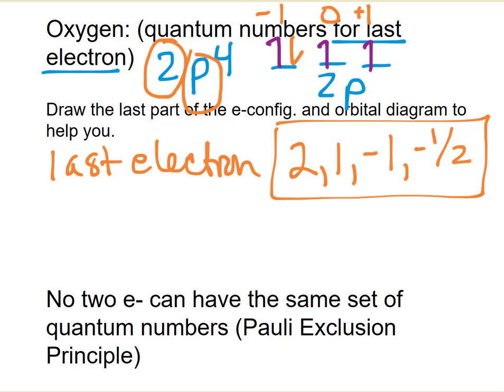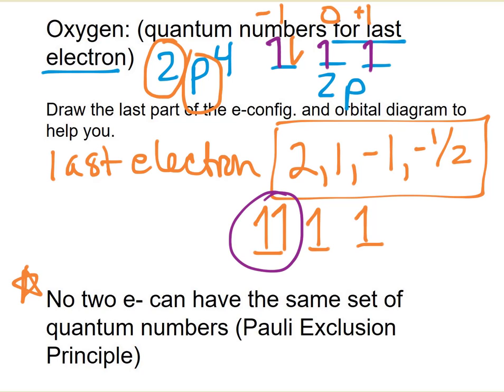Now, no two electrons can have the same set of quantum numbers. So this is why when you are doing those orbital diagrams, when you go to put a second electron in, you do not put 2 up arrows in together. That would mean that you have the same set of quantum numbers, and the Pauli exclusion principle says, no, you can't do that.